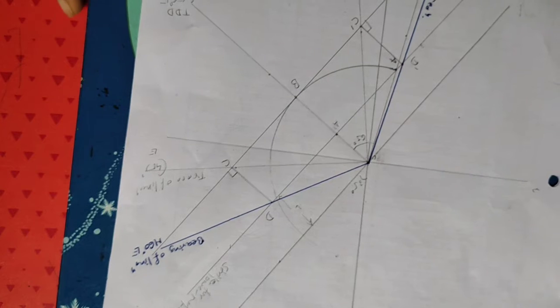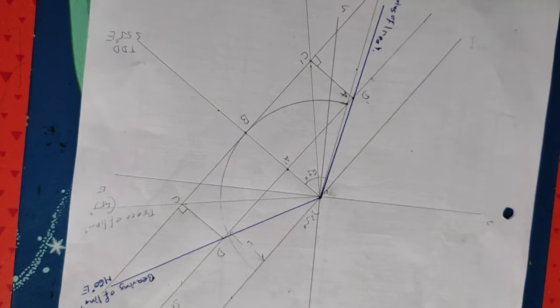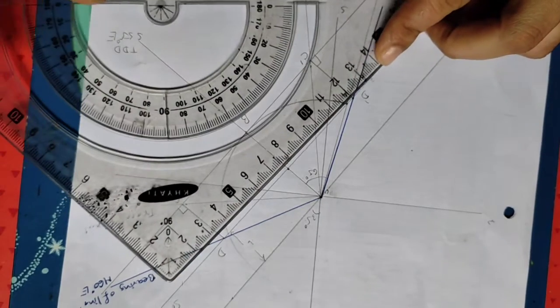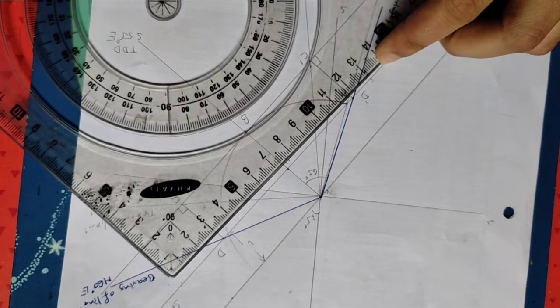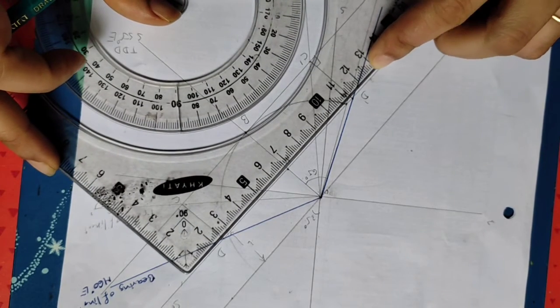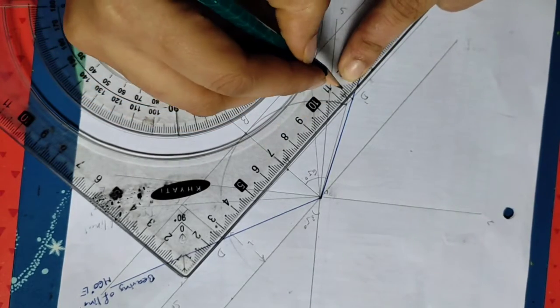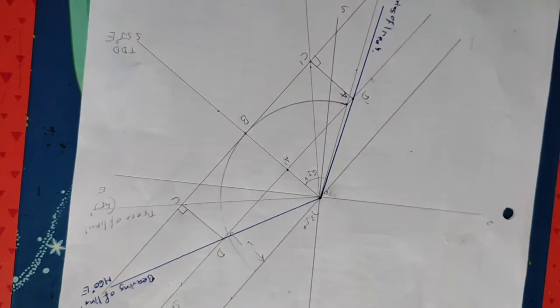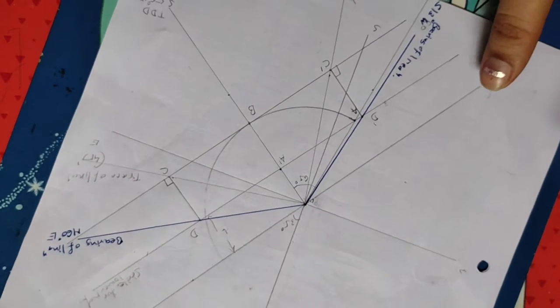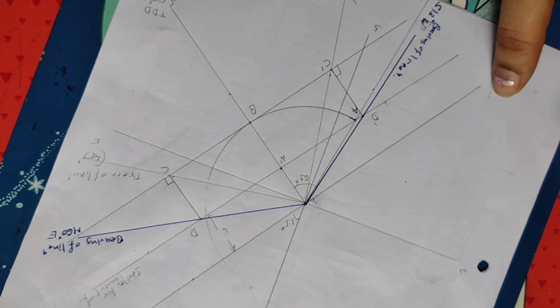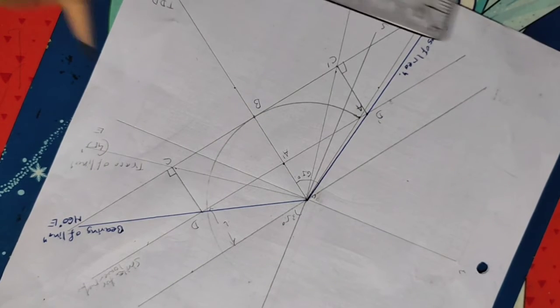Now we have to identify the plunge also. Plunge is the measurement on the vertical plane, so we have to replicate this. Now measure the distance A dash. It is 4.4, so the same 4.4 you have to take on the bearing.